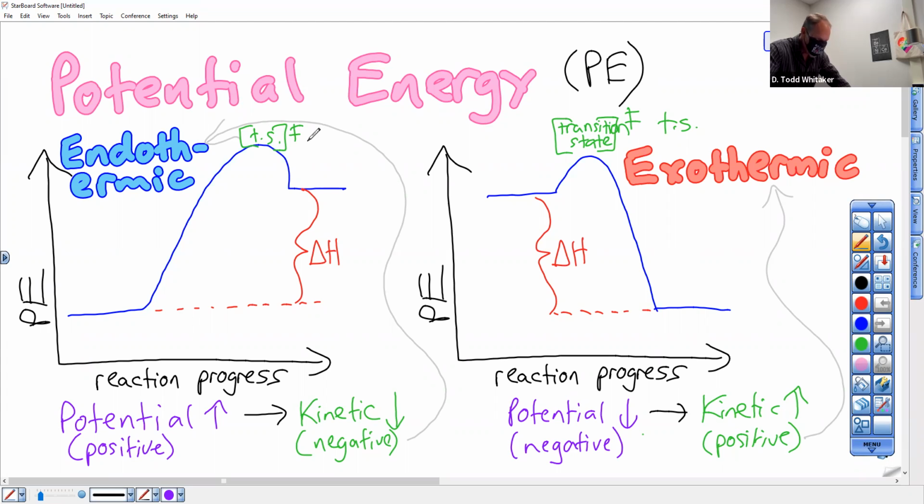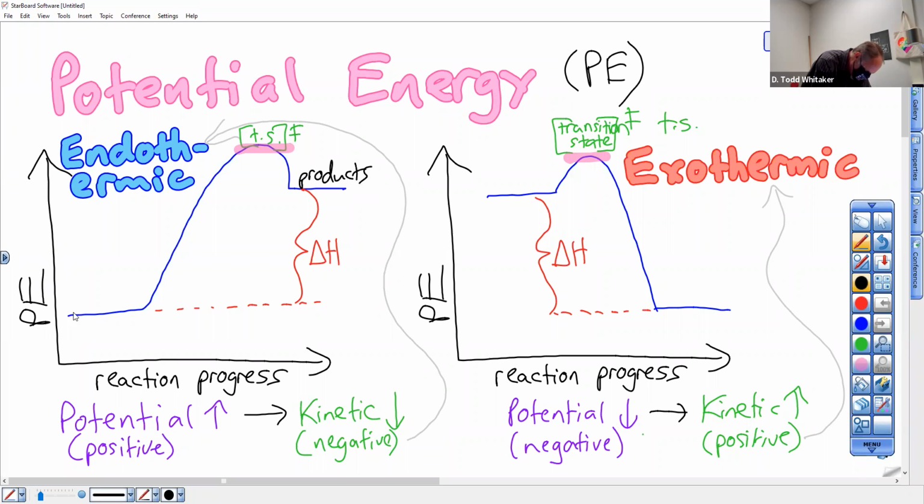We're going to focus on the transition state. Now, this morning's lecture, we went into a lot of detail. I'm going to summarize it here with highlighters. This energy level right here in the first diagram, is that energy level closer to the products, which are here, or the reactants?